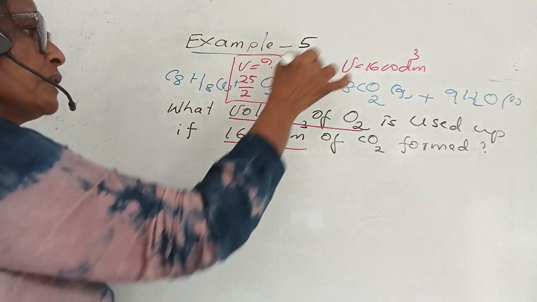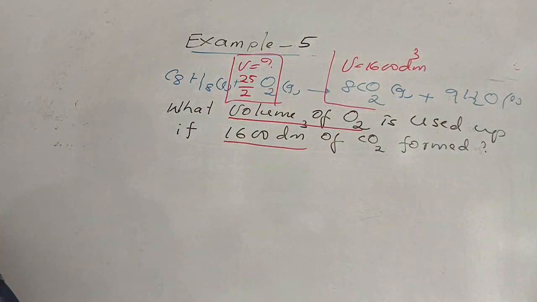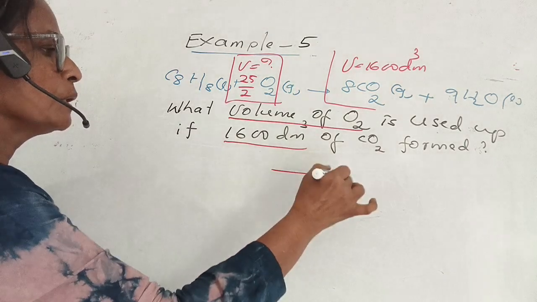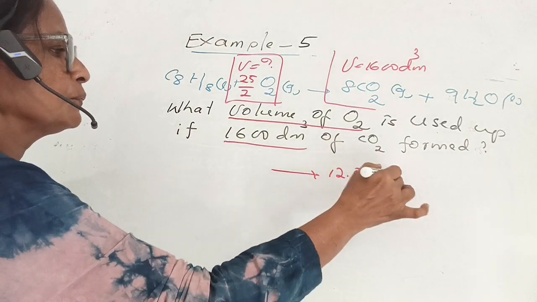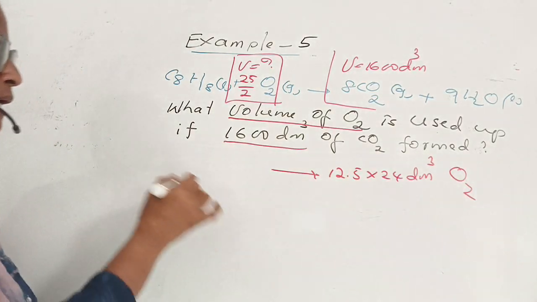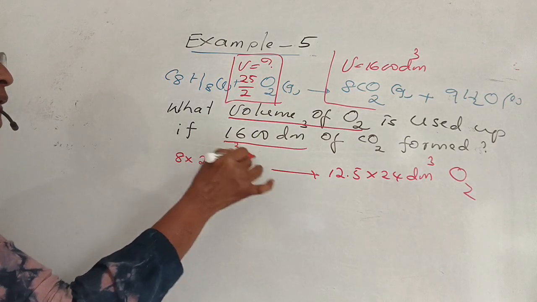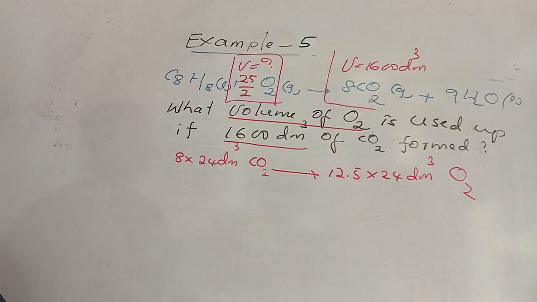So it is that relationship between these two. What is known here is that you're asking about the oxygen: 12.5 times 24 decimeter cube of oxygen is needed if 8 times 24 decimeter cube of carbon dioxide is to be produced.